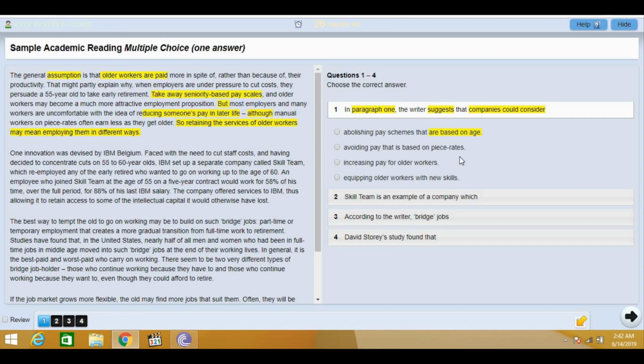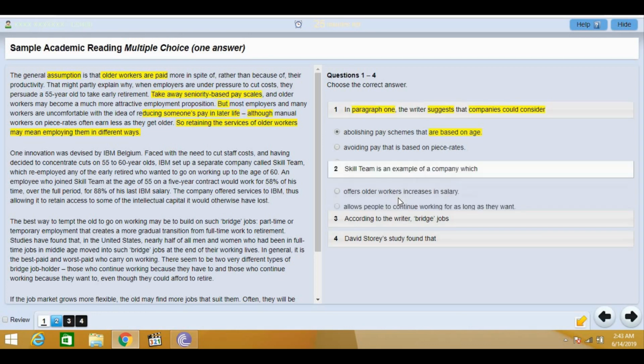But this is not about piece rates. Increasing pay for older workers, and equipping older workers with new skills. Increasing pay for older workers is also not a suggestion. So I say that abolishing pay schemes that are based on age is the correct one. Then let's move on to the next one.